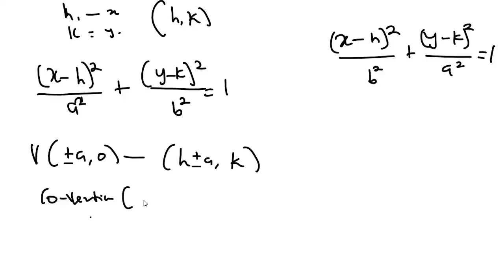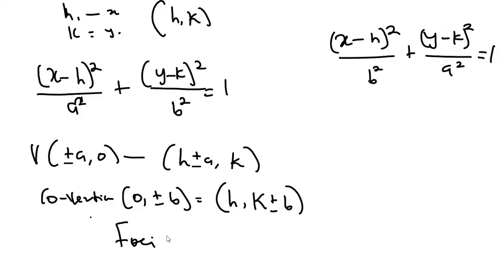Now what will be the co-vertices? When it was at the center, the co-vertices will be 0, plus or minus b. And remember this is when it stretches horizontally. Now at this point it will change to (h, k plus or minus b). That is the co-vertices. Now what will be the foci?